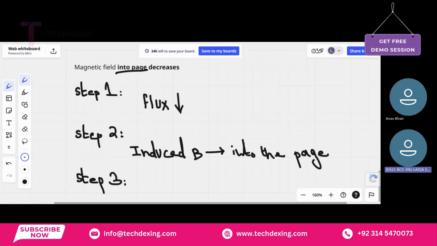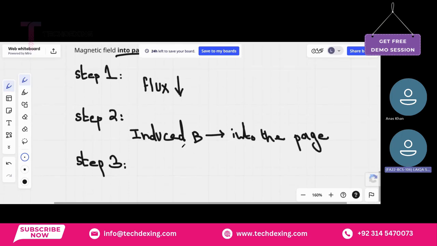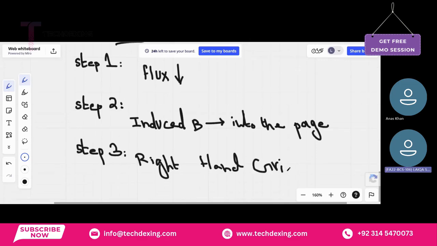In step 3, we have to use the right hand grip rule. When we are given the direction for the magnetic field and we want to find the direction of the induced current, we use the right hand grip rule. So you have to simply point your thumb in the direction of the induced magnetic field, and the curl of your fingers will give you the direction for the induced current.